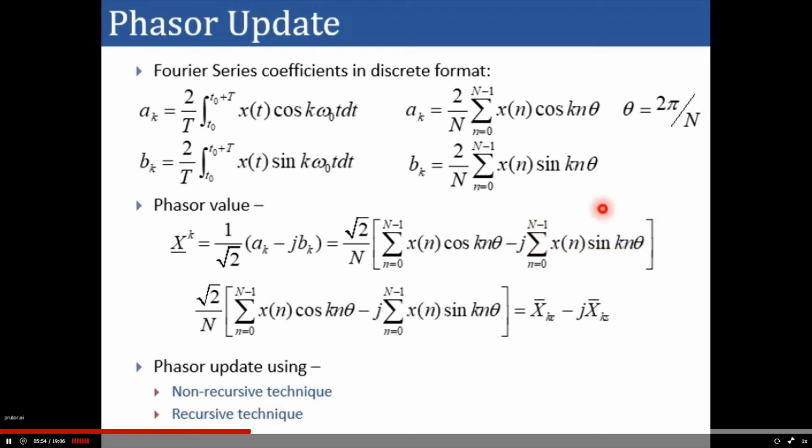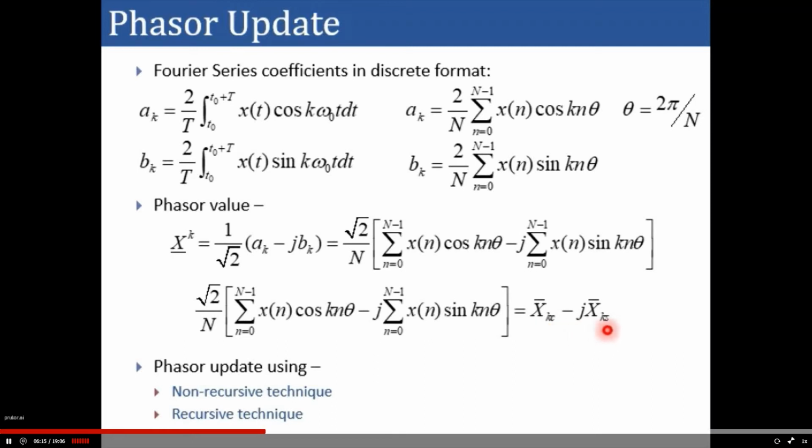So we can clearly distinguish between the real and imaginary components. Let's assume the real component is Xkc and the imaginary is Xks. So we can write Xk as Xkc minus j Xks.